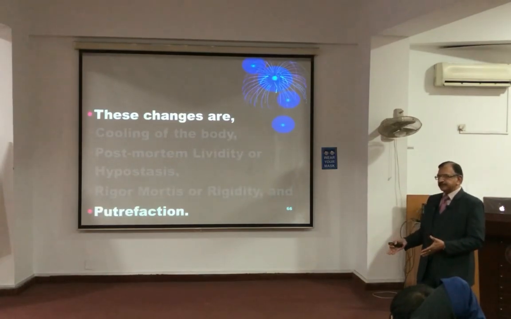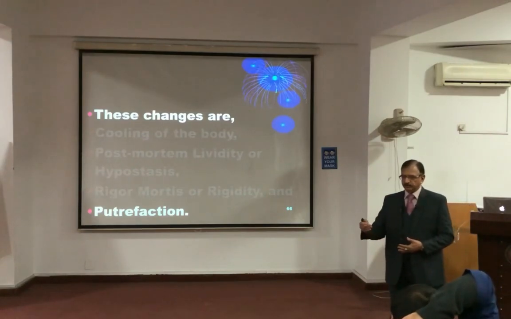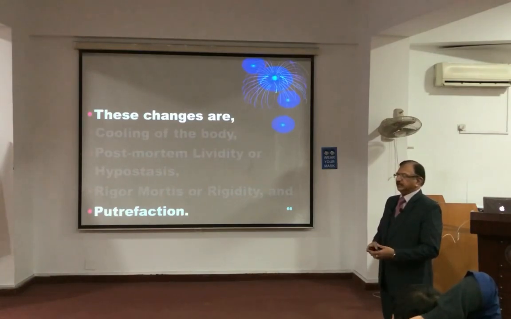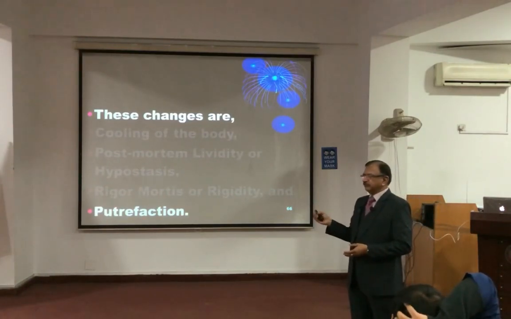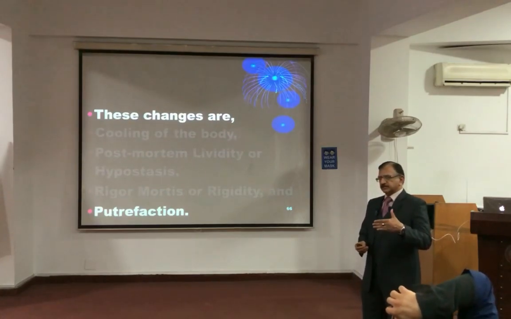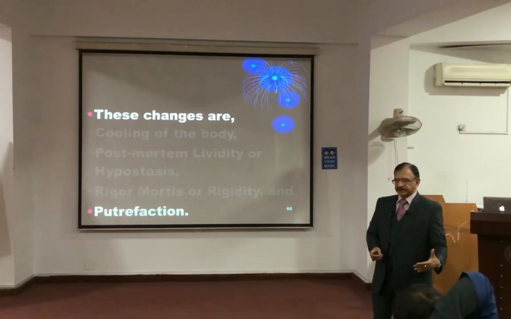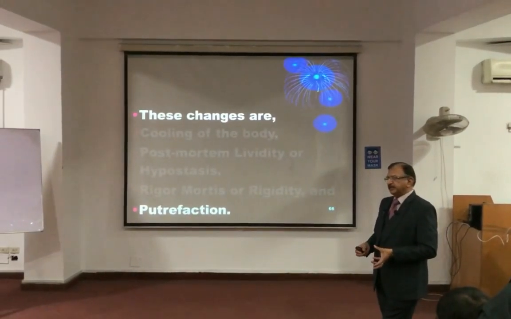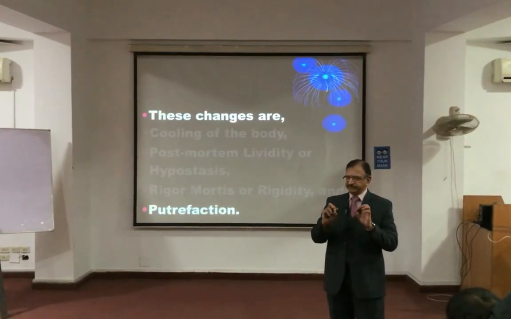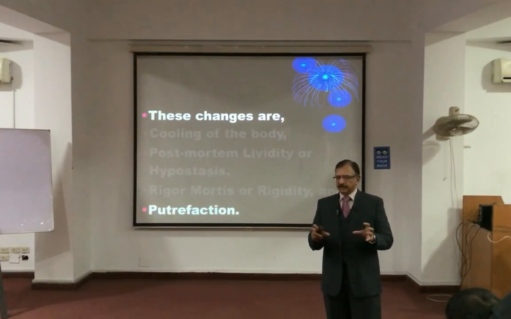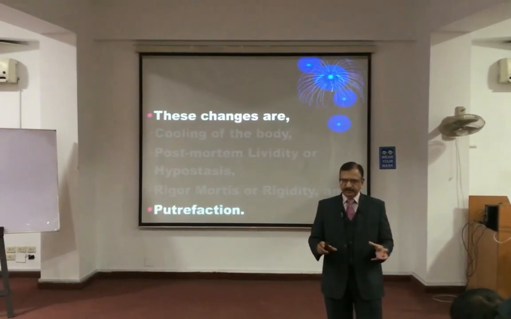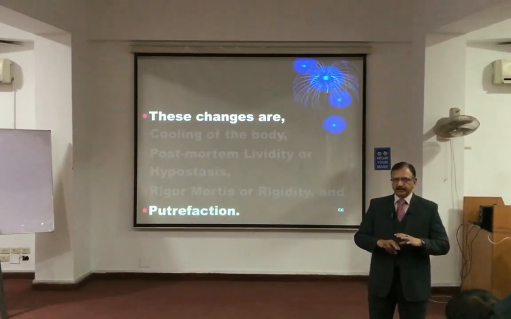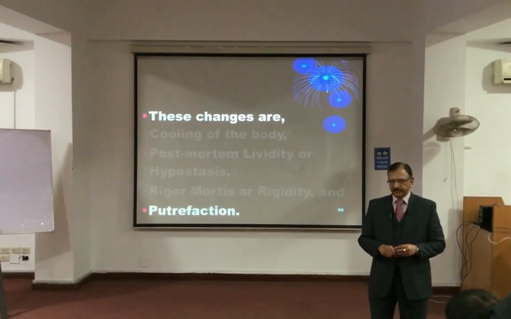So all these changes appear in a definitive chronological order, and when we study the state they are in, for example, the postmortem staining, if it is appearing fixed or not fixed, we can give a time, because immediately postmortem staining starts as small patches, then they combine together to become bigger, broad patches, and finally they coalesce together and a homogeneous staining is developed.